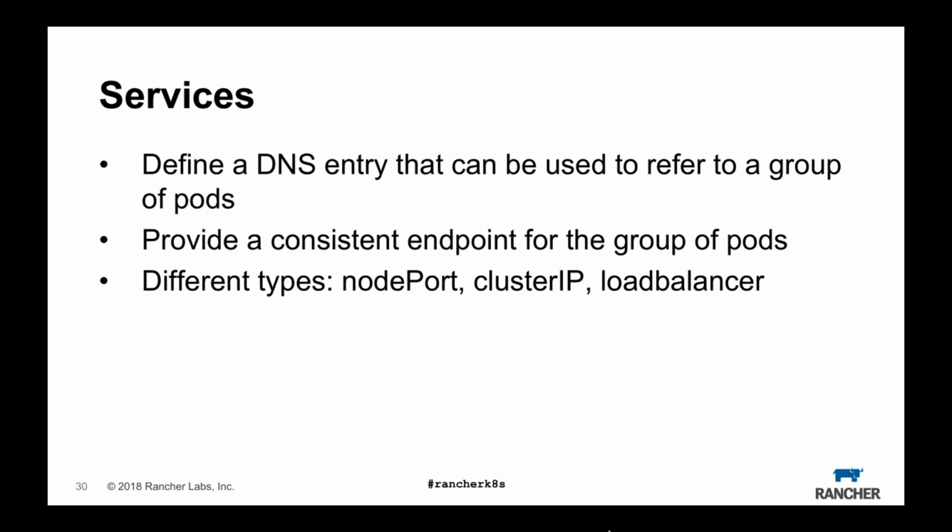So that's why we need one abstraction layer on top of pods, which provides a consistent endpoint for the group of pods, which will not change even if the pods get rescheduled.